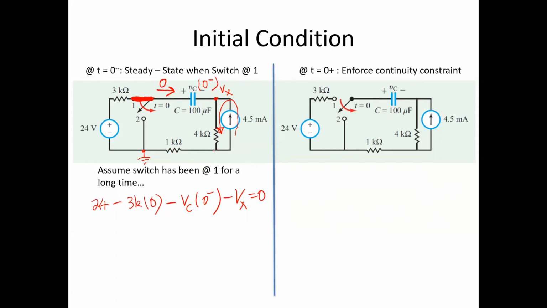I think we're going to have to define another intermediate node here. Let's call this Vy. And we can then calculate what current is going through this 1K ohm resistor. But take a look, because there's no current coming through this branch here, all of the 4.5 milliamps is going to cycle through the 4K, and it's going to form its own loop, which means that there's no current left to come through the 1K.